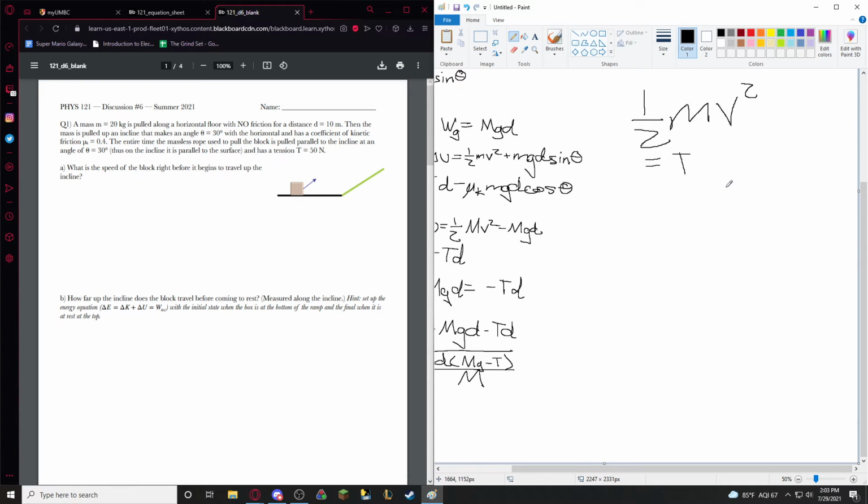T cosine 30, times the distance traveled, which is 10. Exactly. It's just T d cosine theta. Then we just have to solve for velocity, and we're given the mass, the tension, the distance, and theta.